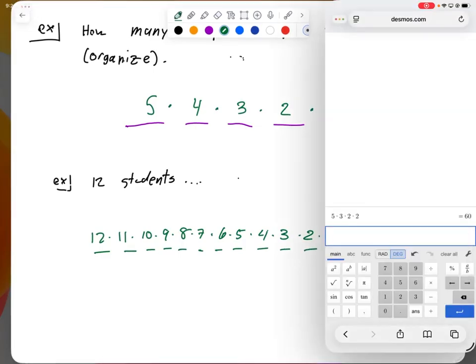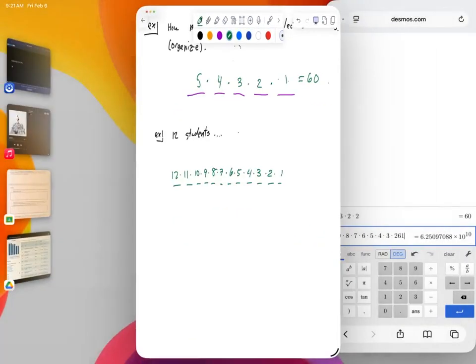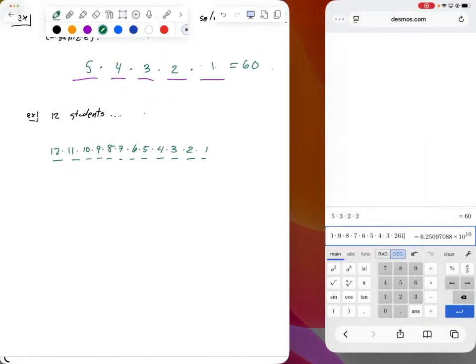If I go to my calculator and do that, I get this gigantic number that is written in scientific notation. It says 6.2509788 times 10 to the 10th.